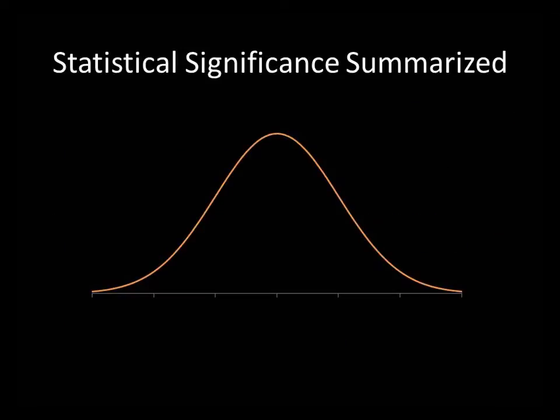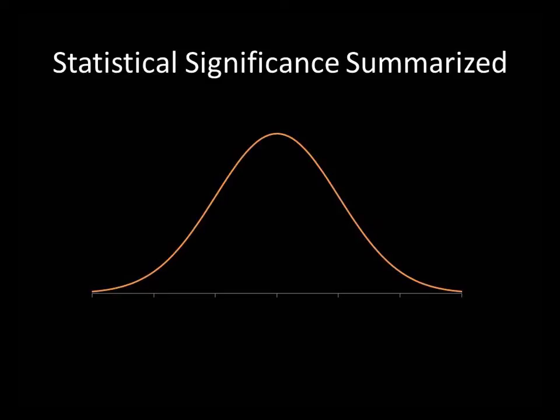So let's try to summarize the idea of statistical significance by looking at this curve. You should recognize this as something akin to the normal distribution. If you haven't already, be sure to check out the video that I've posted about the normal distribution.